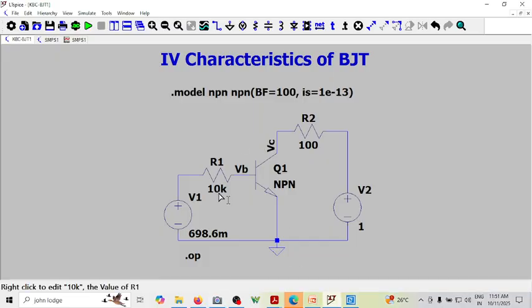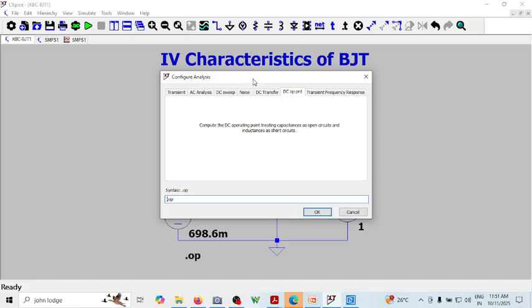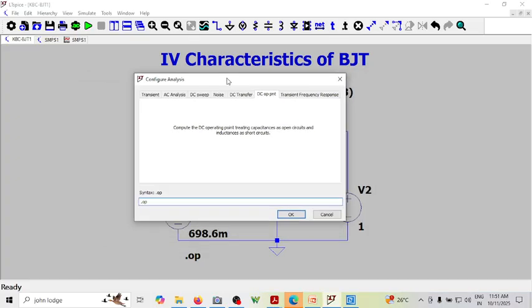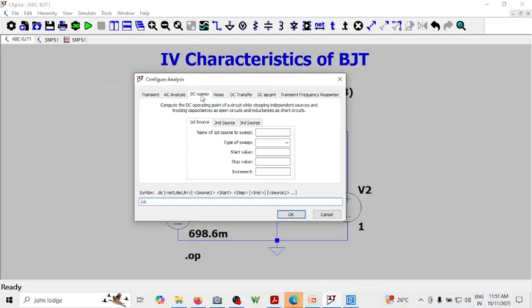So for that, let me do this analysis setup. I will be changing this voltage V2. Let the sweep be of a linear type.